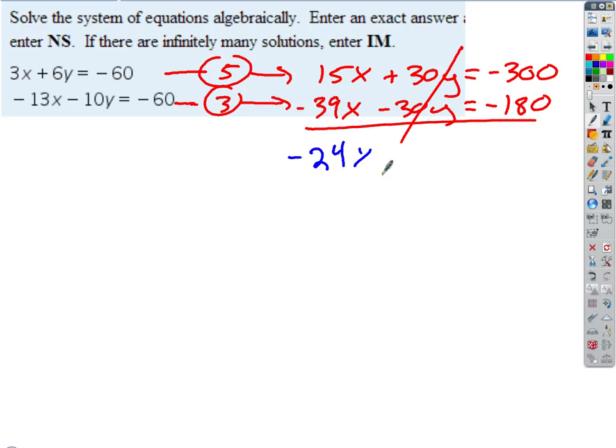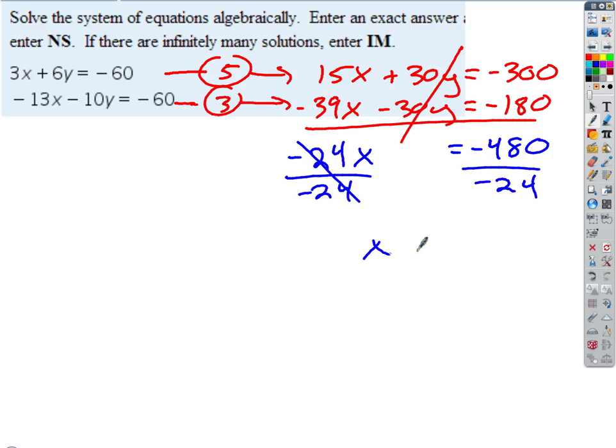It's negative, so negative 24x equals negative 480. So all I gotta do to solve for x is divide both sides by negative 24. Those cancel, and that gives me positive 20, good.